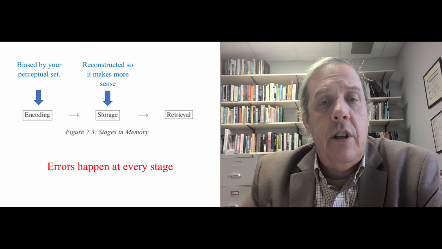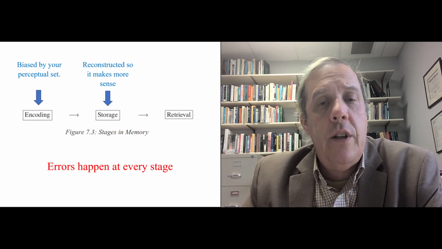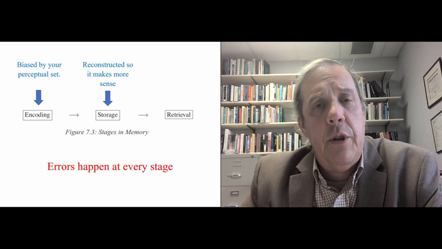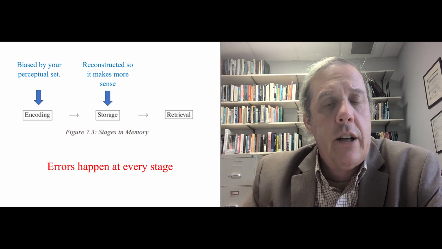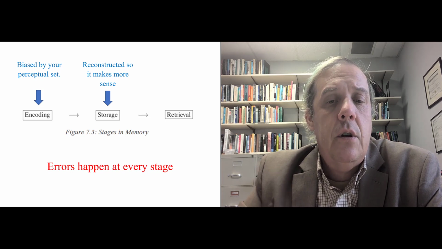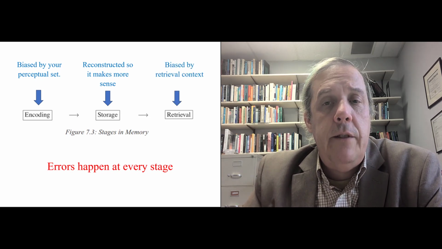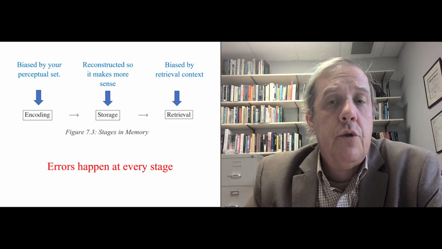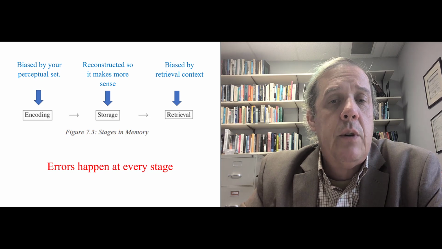Storage introduces errors because you are reconstructing your memory in a way that makes more sense. Retrieval is biased by the context of retrieval. So let's look at these 3 in detail.